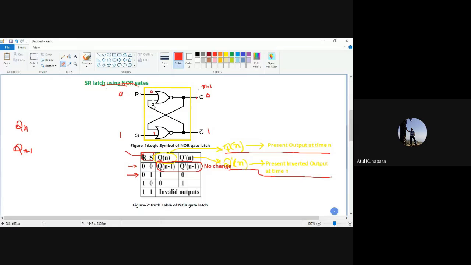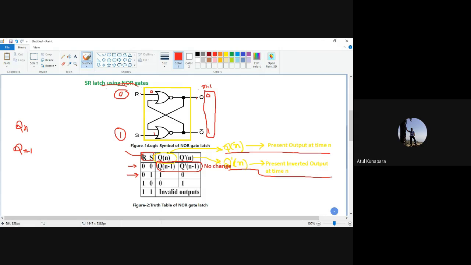Be careful here with what I'm saying. Whenever you apply logic 1 input at the set terminal and logic 0 at the reset terminal, and just before that the output side has Q equal to 0 and Q bar equal to 1, then what will happen here?